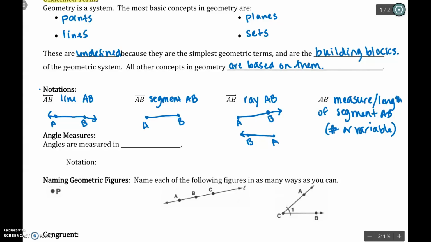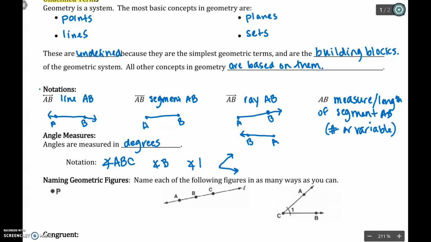Now, angles. Something else that's very important in geometry. They're always going to be measured in degrees. Notation would be this angle symbol, and you could name an angle several different ways. You could name it using 3 letters, using 1 letter, or using a number. And what would happen is that your angle would always look like a corner, where the angle is the actual corner in here created by 2 rays that share an endpoint.